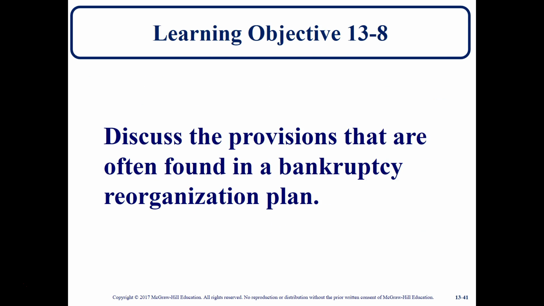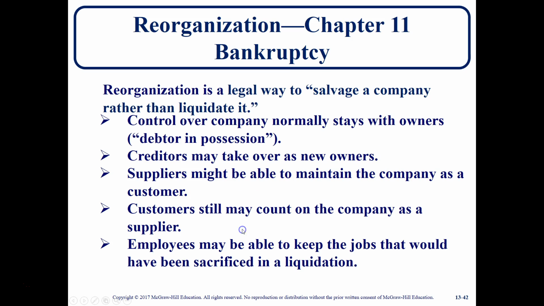The eighth objective. Discuss the provisions that are often found in a bankruptcy reorganization. So now we're at Chapter 11. We're going to reorganize. So over there, control of the company will be with the owners, not a trustee, with the owners.